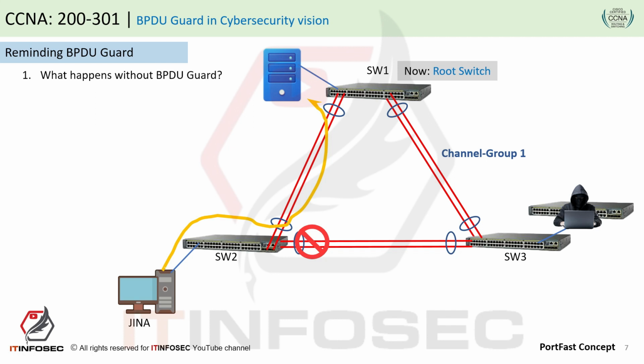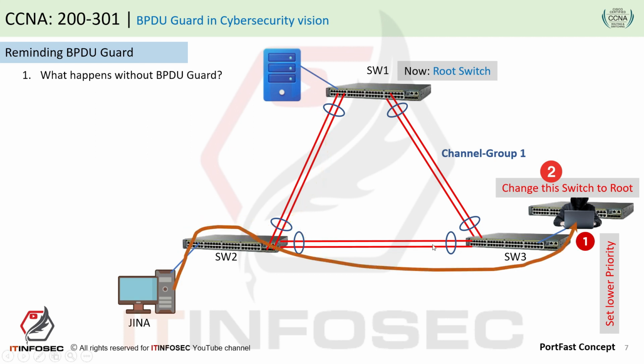But he was able to connect to one of the ports, and now the system may configure itself as a BPDU issuer, as a switch, in effect as a root switch, to change the data transfer path, and for this reason maybe perform an attack and copy data or access the data, and after that send it to SW1. If we don't have BPDU Guard, something like this may occur.